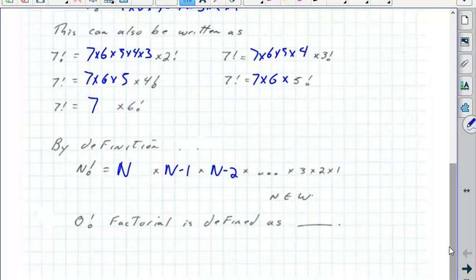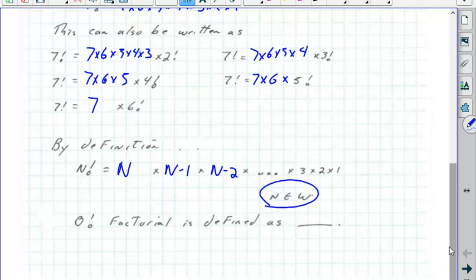This causes some limitations that we have to talk about. It has to be a whole number. For our definition, 6.5 factorial and negative 7 factorial don't work. Negative 7 times negative 8 times negative 9, we're never going to hit positive 1. So we can only use whole numbers.